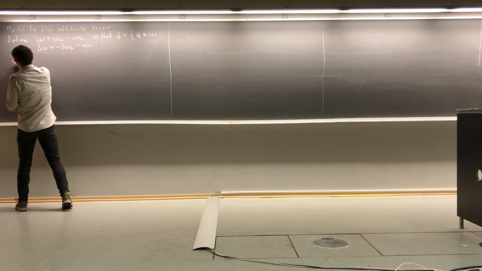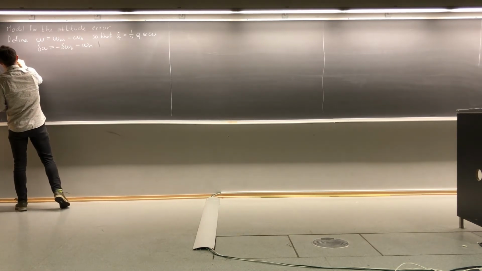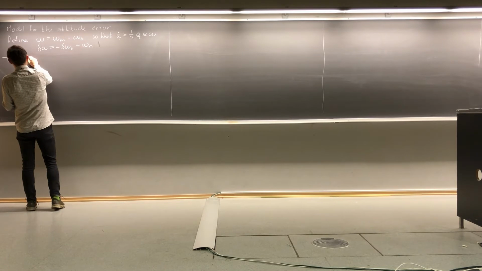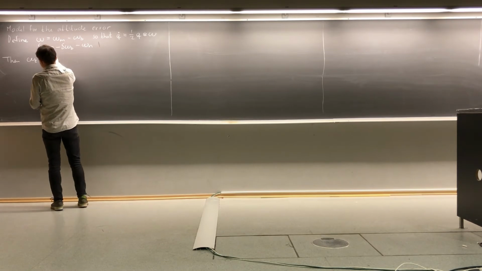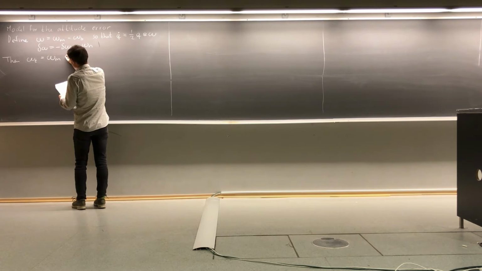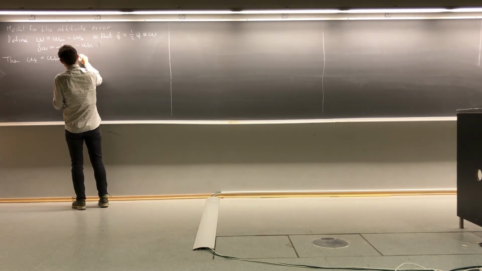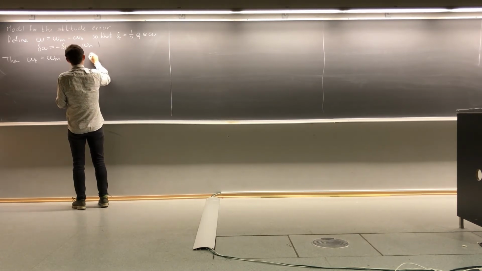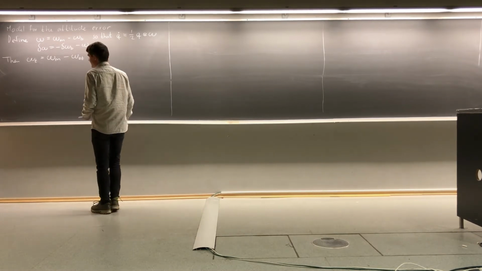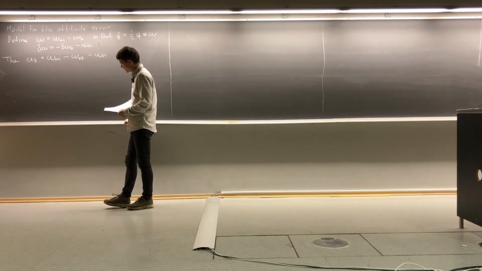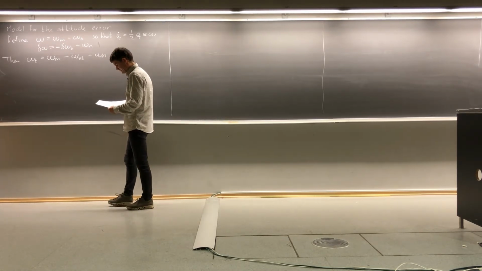So then I'm going to express the true angular velocity in terms of these entities. The true angular velocity is the measured angular velocity minus the true bias minus the IMU noise that comes into the measured one.